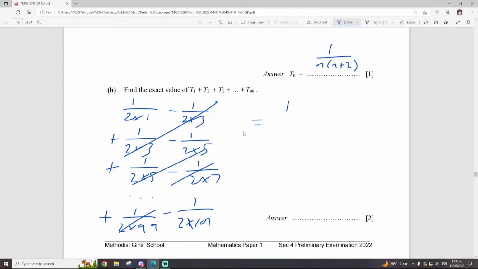So actually this is 1 over 2 times 1 minus 1 over 2 times 101. Okay. And this is 50 over 101. Okay.